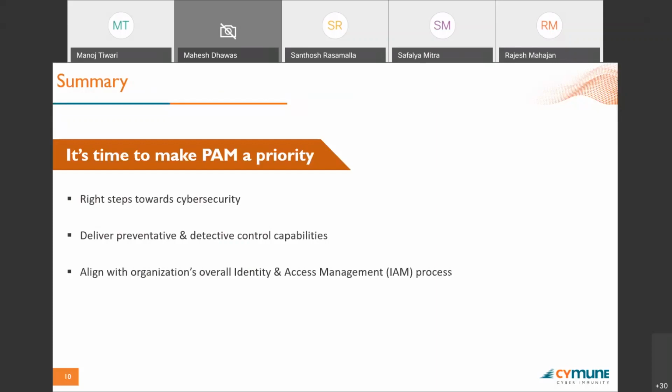This will be the right step towards your cybersecurity goals, and it will also align with your identity and access management process in your system. So I can only say yes, PAM is a must-have solution in case you really feel that those accounts are not really secure.